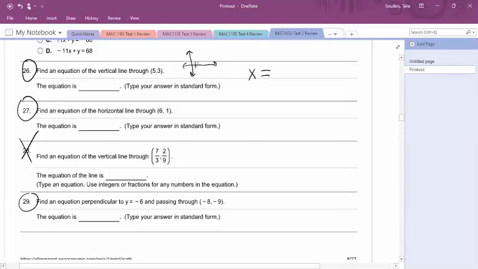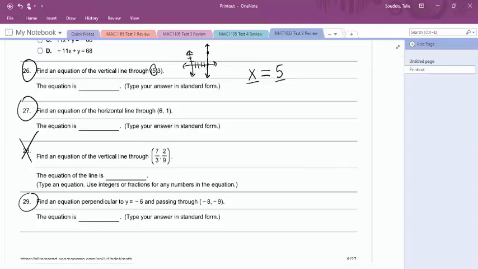If you have the ordered pair 5, 3, and you're drawing a vertical line through it, what does X have to equal? 5, right? So it's always going to be whatever the number is for that variable. The X coordinate was 5, so that's going to be the number that you use.